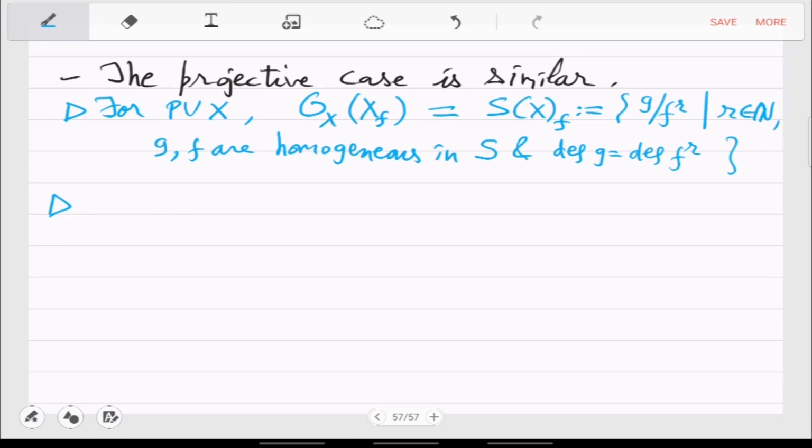What is OX of X? So, this we had argued before, that the only thing that works everywhere is constants. OX of X is just constants. And finally the germs, what was that?